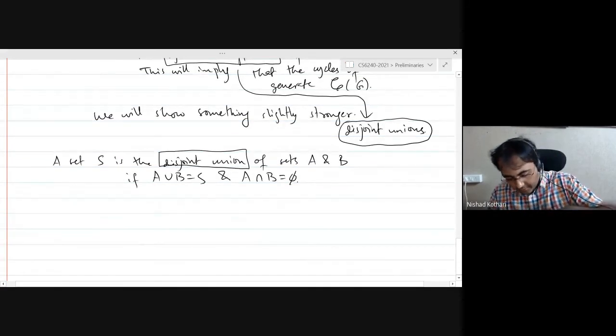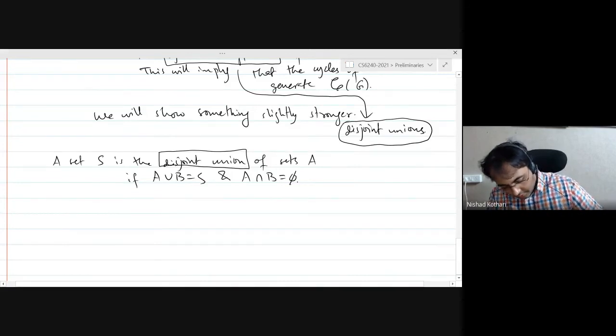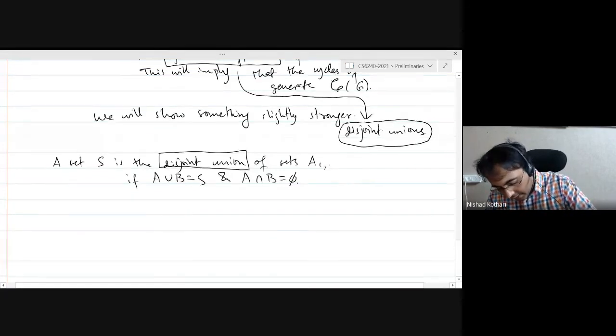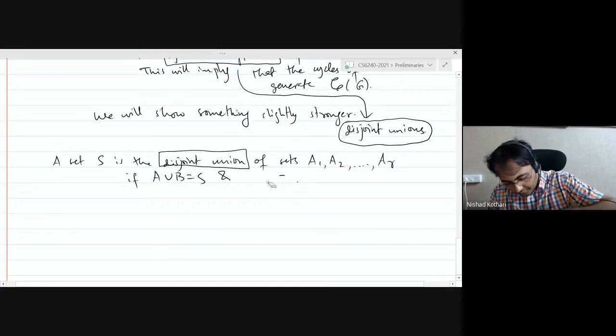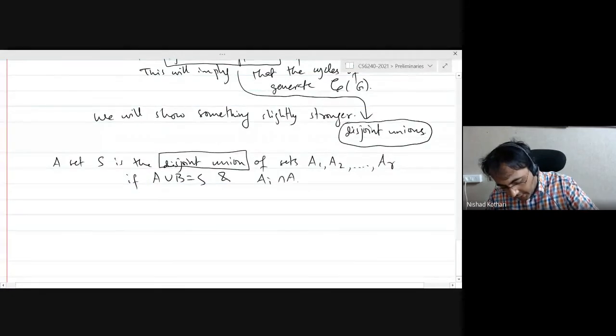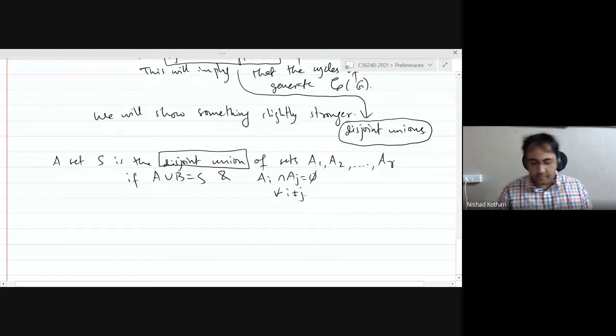So in fact, you can generalize this definition. It's the disjoint union of A1, A2 up to AR if this is true, and Ai intersection Aj is empty for all i not equal to j. Okay.